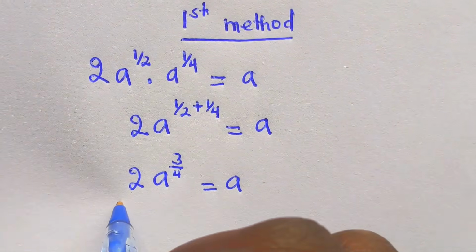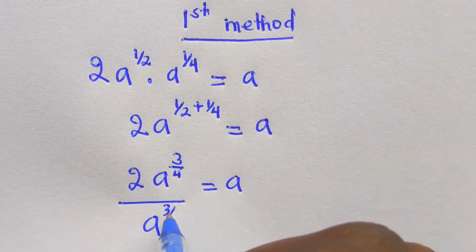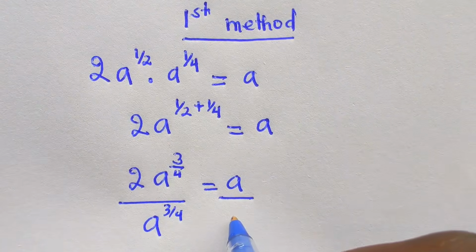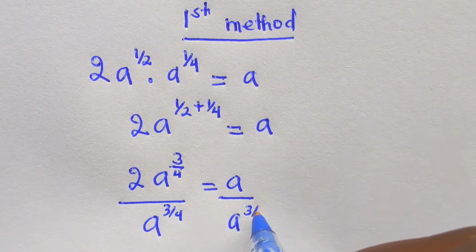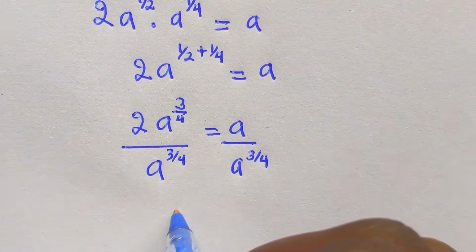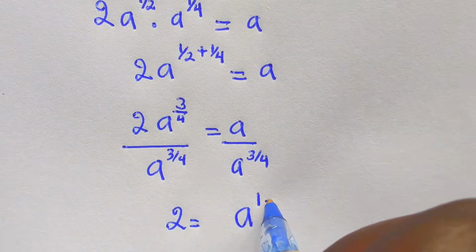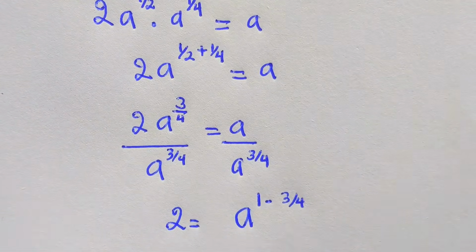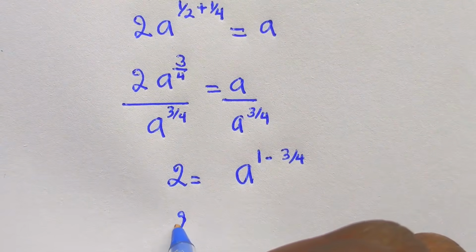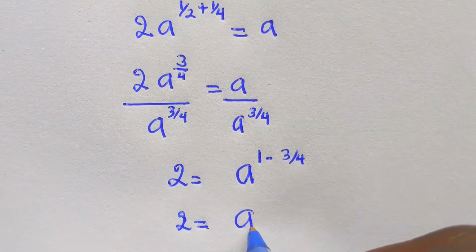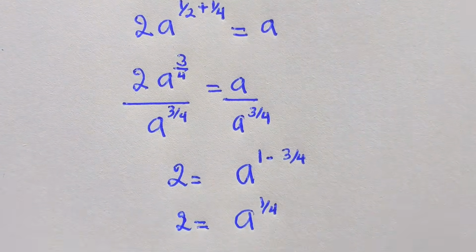Now we can divide by a power 3 over 4 on both sides to get 2 equals a power 1 minus 3 over 4, so we get 2 equals a power 1 over 4, right?